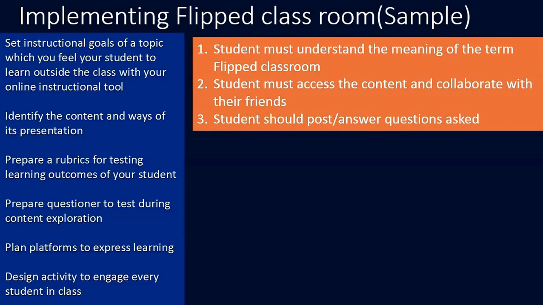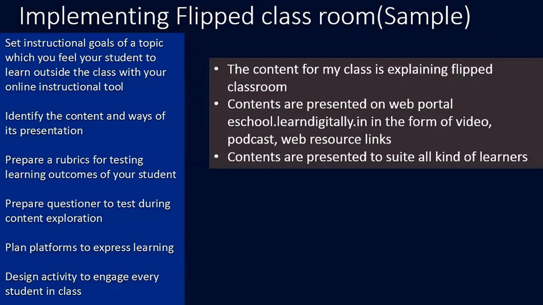That is nothing but setting the objectives of the lesson plan. The student must access the contents and collaborate with their friends. That is the second objective, and the third objective is that the student should post and answer the questions asked. So I set the instructional goals.